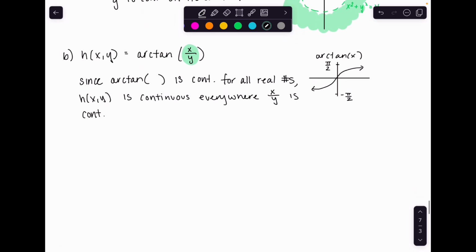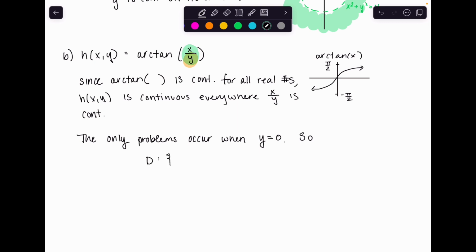So the only time we're going to have issues is when this denominator equals 0. So the only problem occurs when y is equal to 0. So ultimately, your domain is I can take any x, y value I want as long as y does not equal 0. So if you think about that restriction, y equaling 0 is the x-axis.